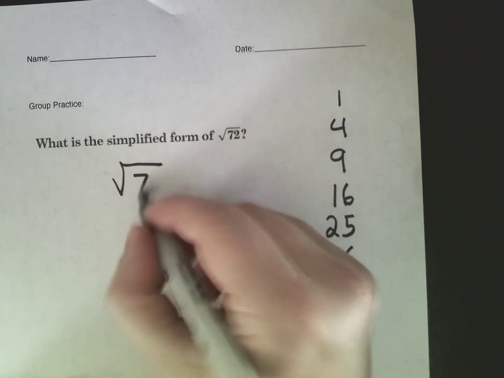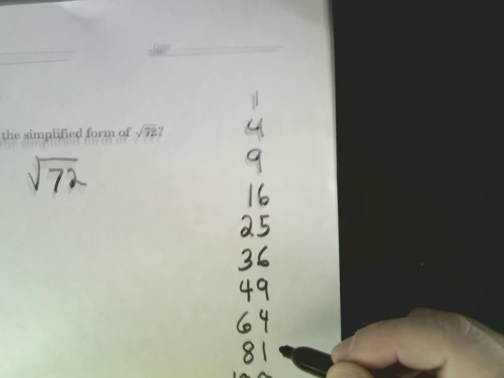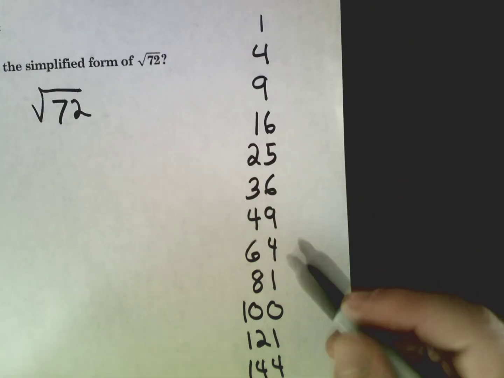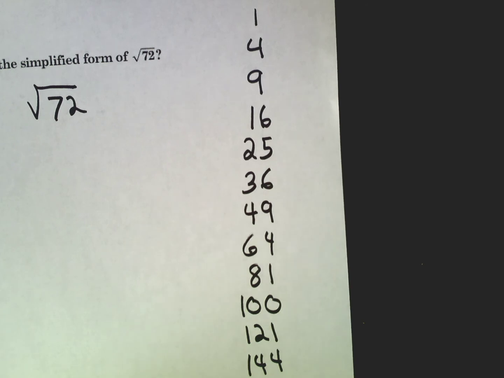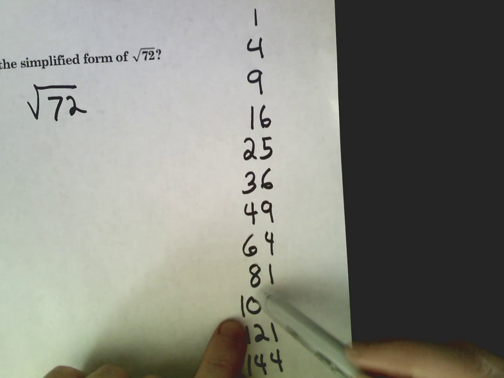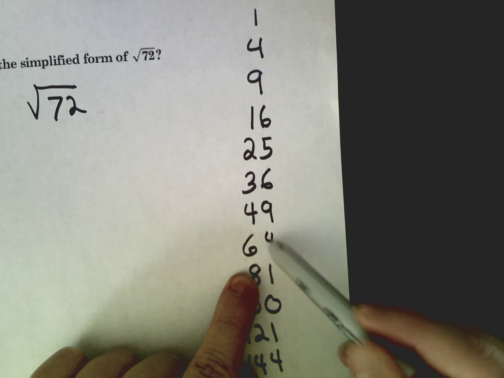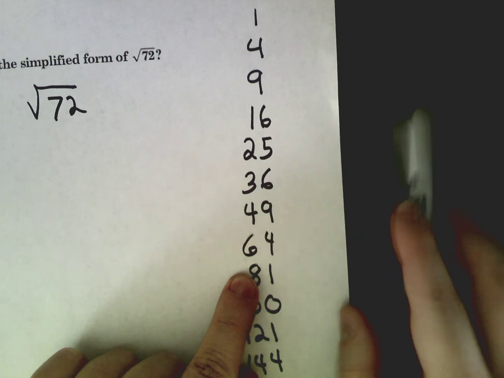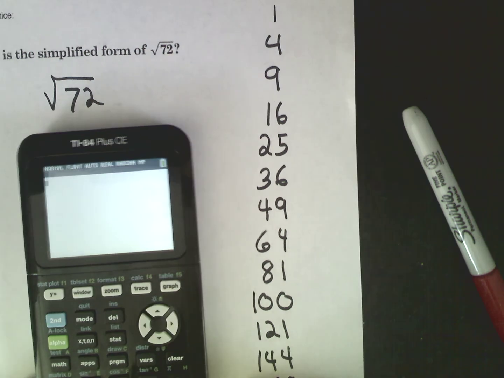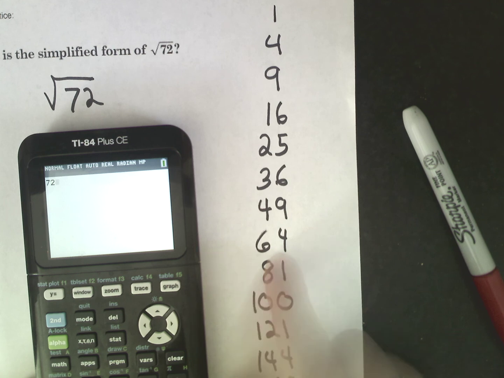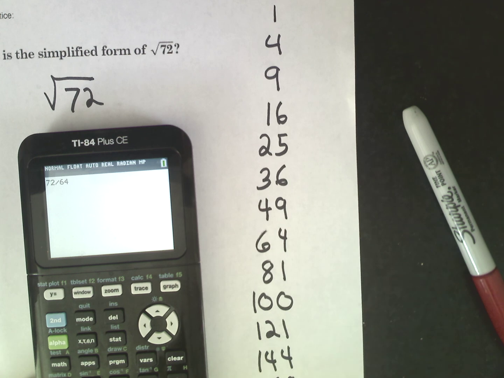First step, I'm going to take my calculator out and find the first number that can fit inside 72. In my case, it is not 81. 81's bigger than 72, but 64. So this is how the method's going to work. First, I take 72 and divide it by the first number that fits inside of it, which is 64.